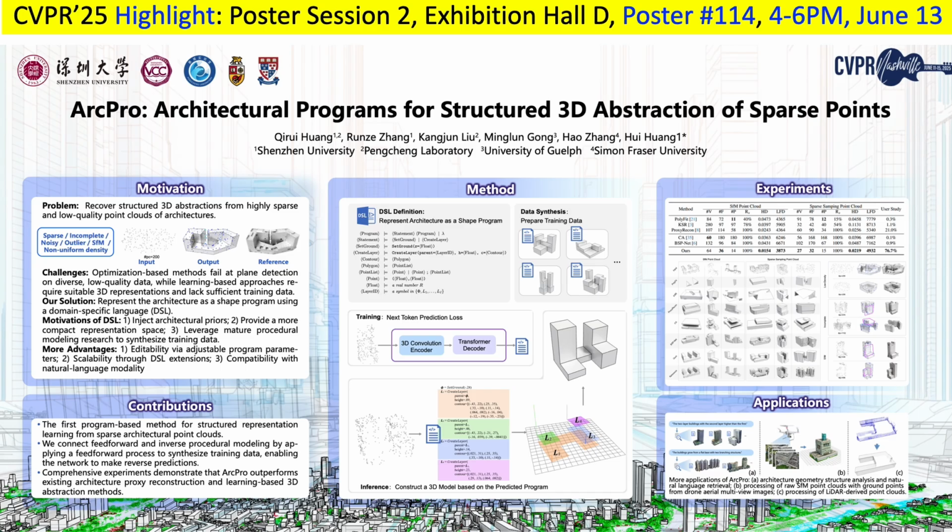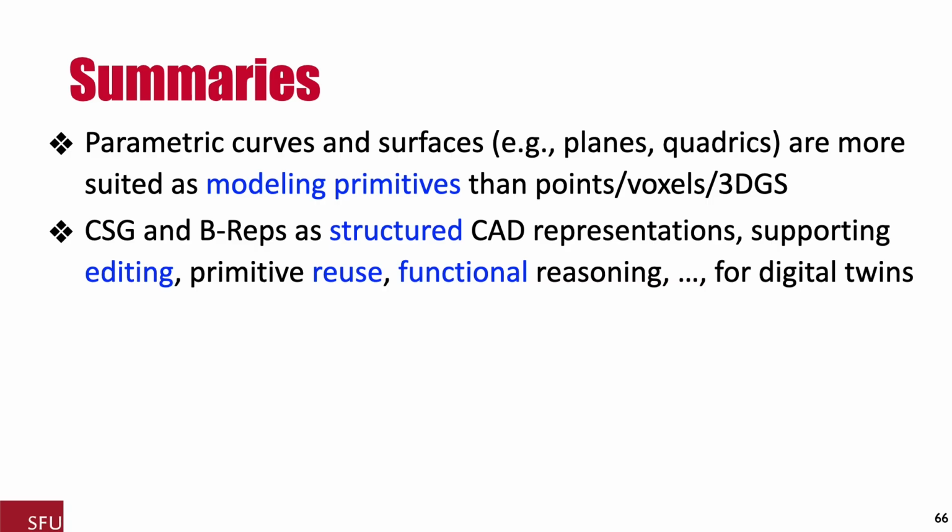Okay, I'm concluding. I believe parametric curves and surfaces, planes and quadrics, are more suited as modeling primitives compared to low-level primitives such as linear prims, octahedra, points, or voxels. You saw CSG and BREP as structured, compact representations.